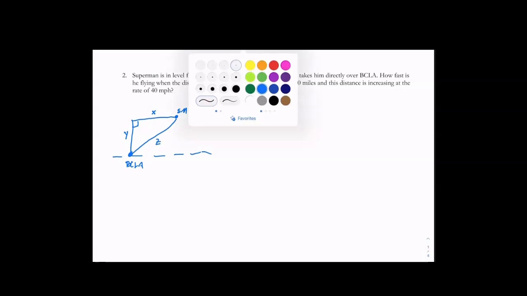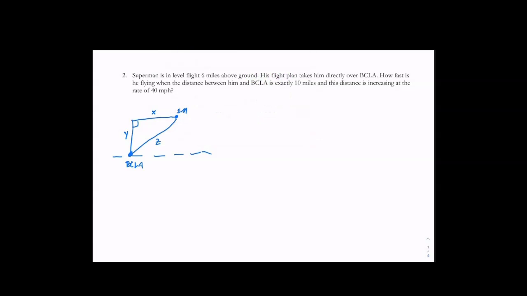Now, let's ask ourselves what is constant and what is changing. Is Z changing as time goes on? Is Z a function of time? So if Superman is right there, Superman keeps flying, what changes and what stays the same? What happens to X? Does it stay constant? Does it increase? Does it decrease?